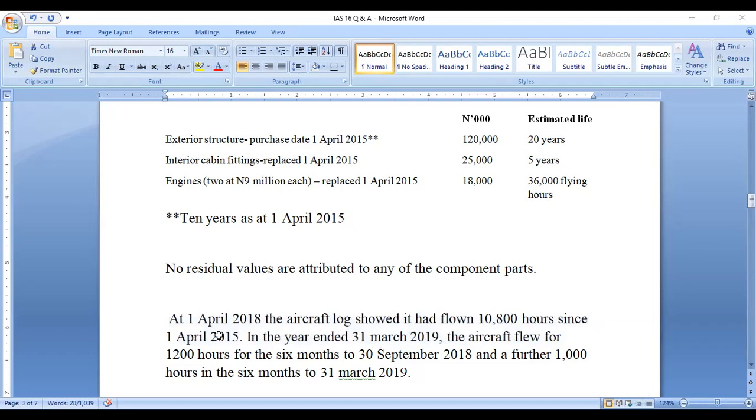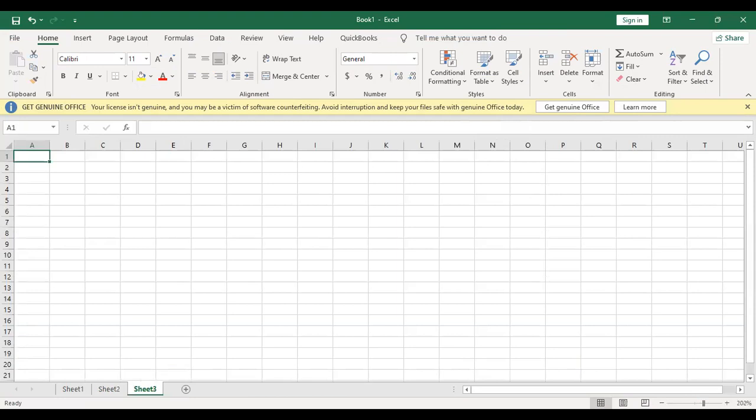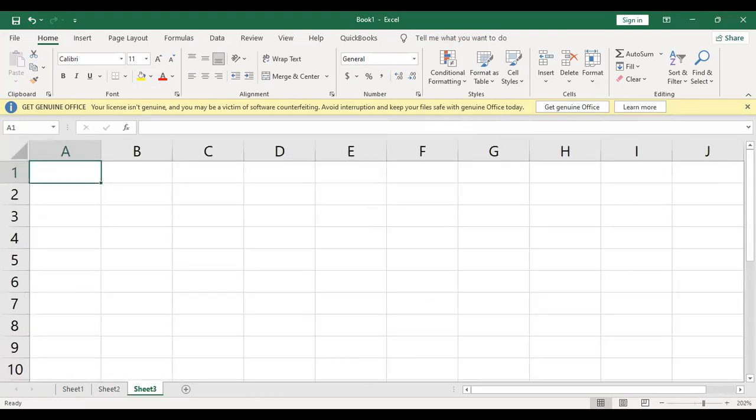Over to our Excel sheet. Let's have here the workings.